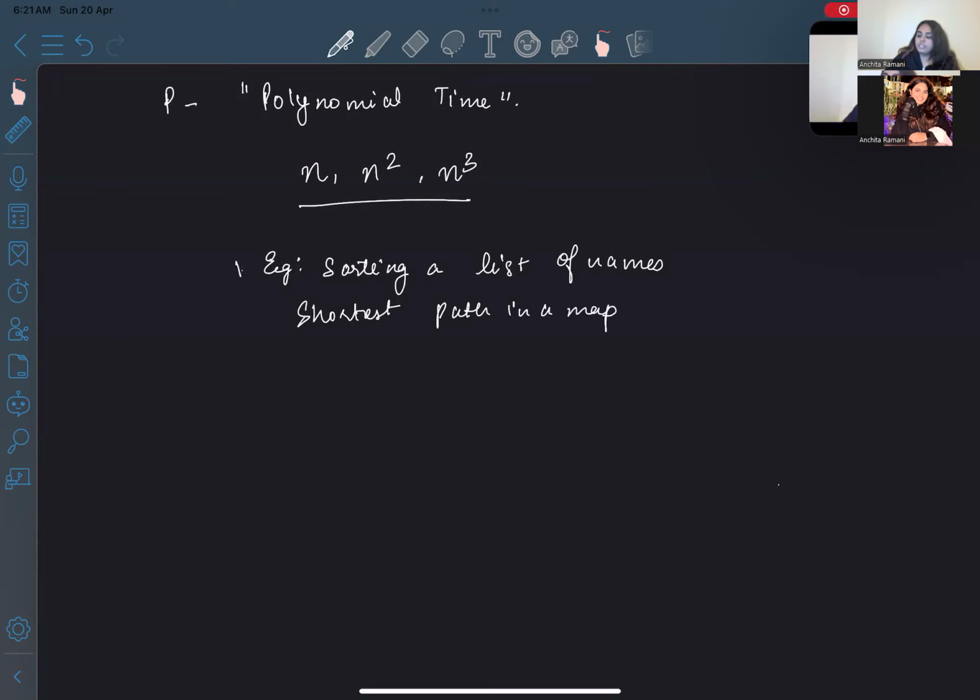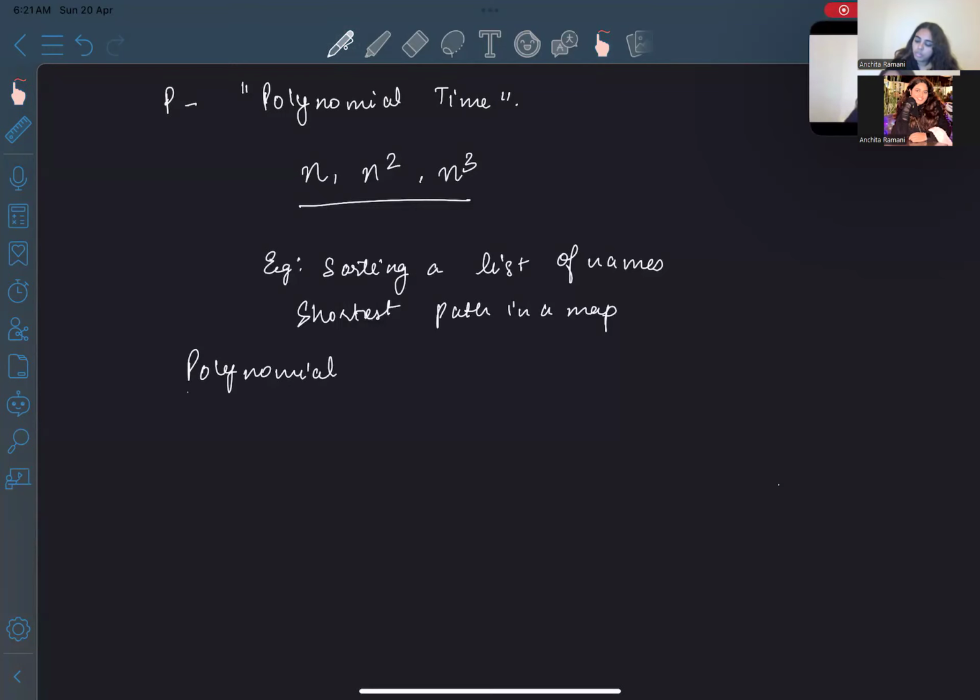So these are P, polynomial time problems. Now, there are a lot of problems that we have seen previously. So let's just go through those problems once.